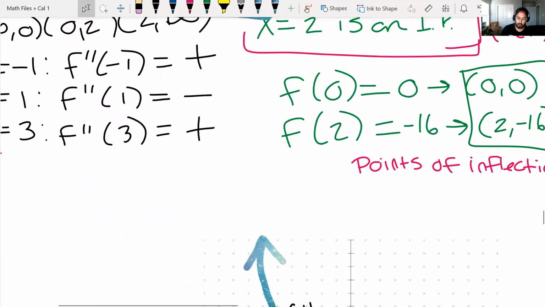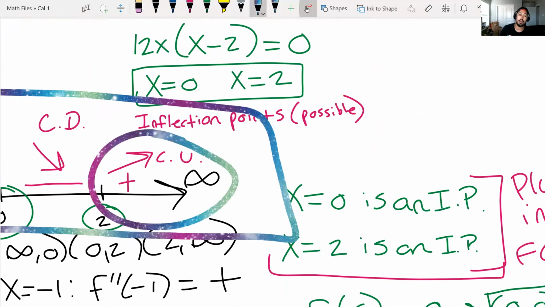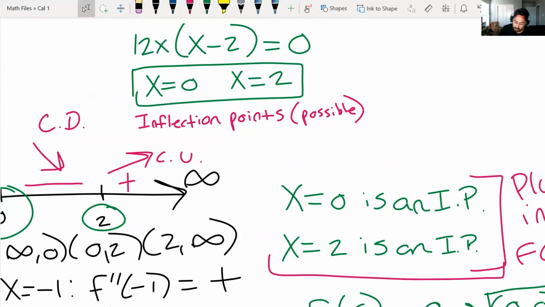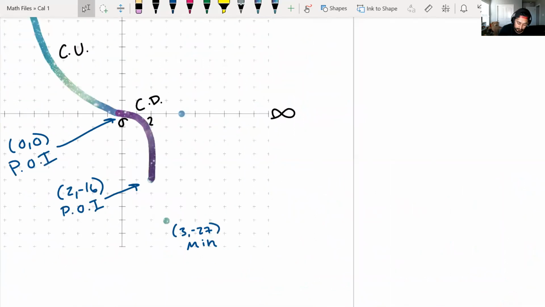Look at the sign chart one more time. Because from 2 to infinity, we are now concave up. And looking at our graph, from 2 to infinity, we now change direction at this point of inflection and we go concave up.